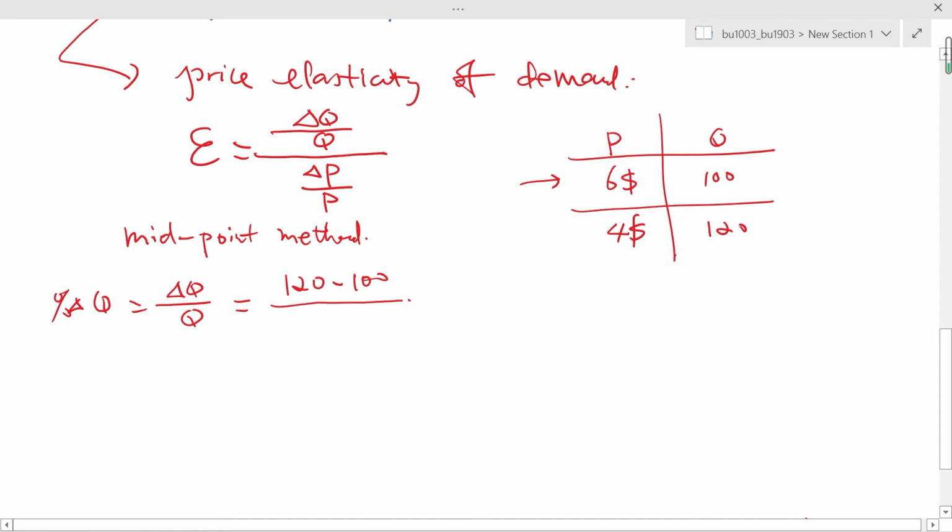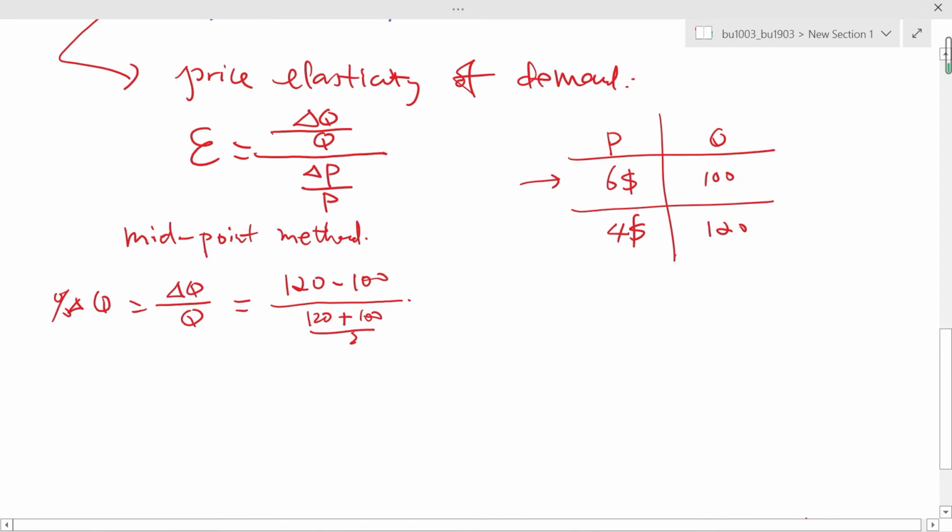But unlike before, now we divide not by the beginning quantity, but by the midpoint of the ending quantity and the beginning quantity. So the midpoint of ending quantity 120 plus beginning quantity 100, divided by 2.